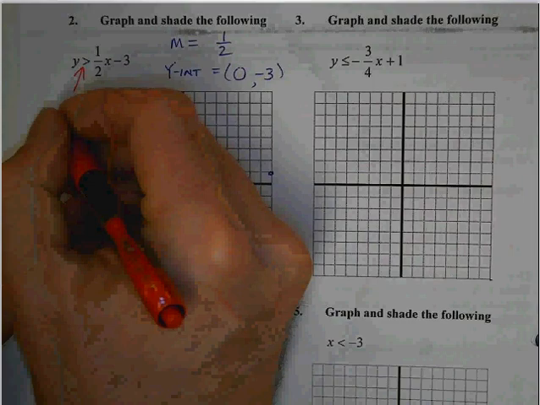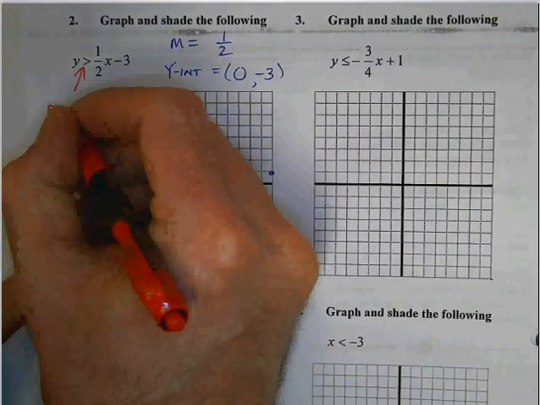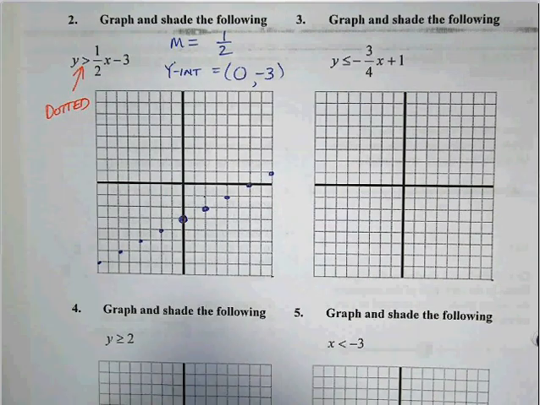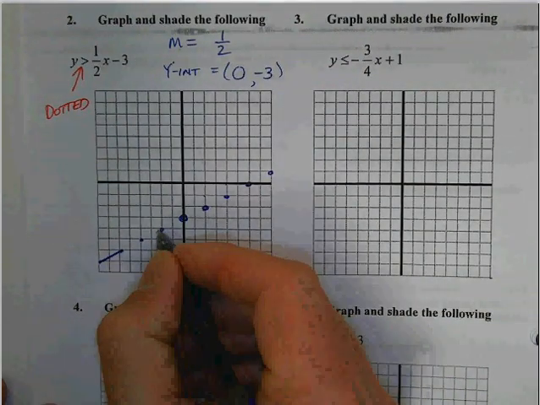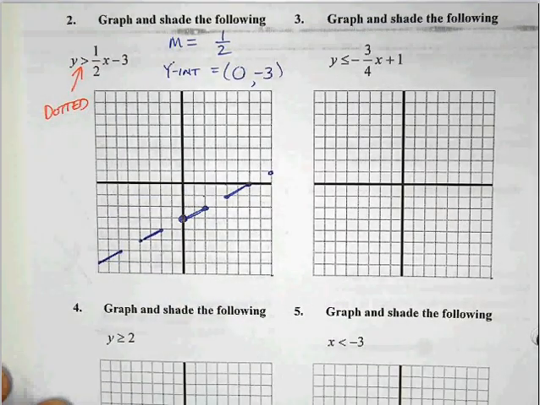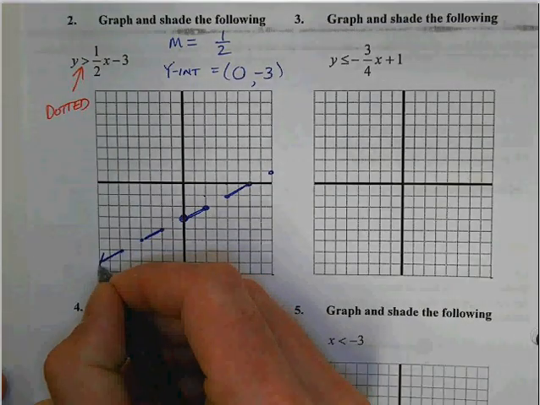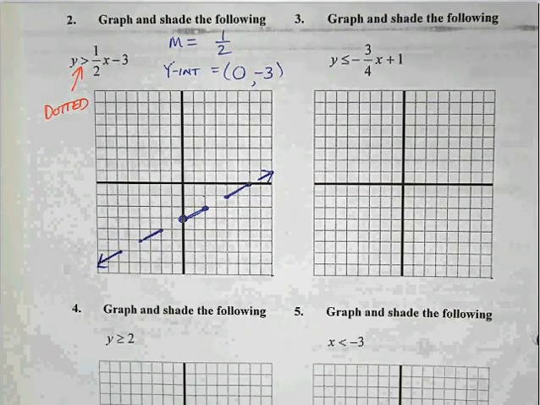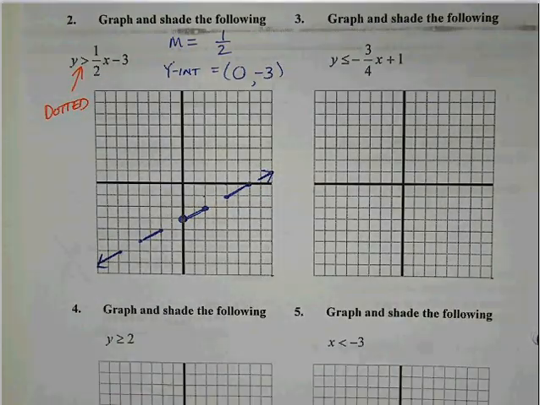Because it's just greater than, we have a dotted line. So, make a dotted line. I like to just connect the dots like that. Put your arrows on it. So now we have the line. Does that mean the line is part of the solution?